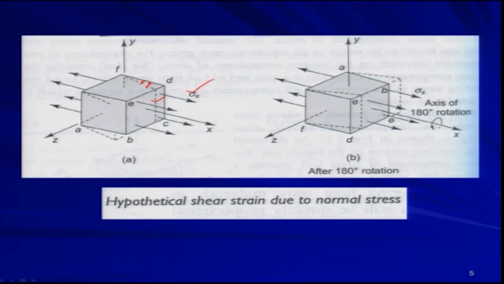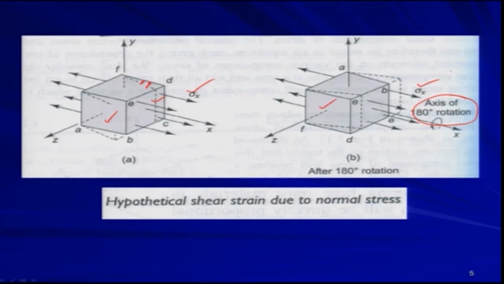Now, what I am doing is rotating this x axis by an angle of 180 degrees. With that 180 degree rotation, this body will take the configuration of this body.